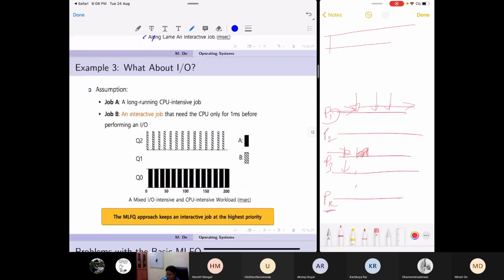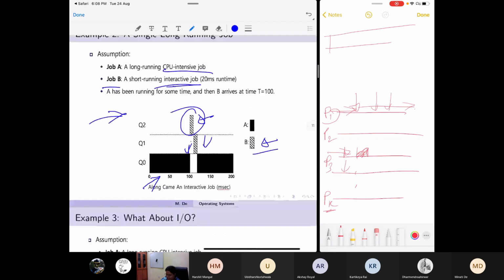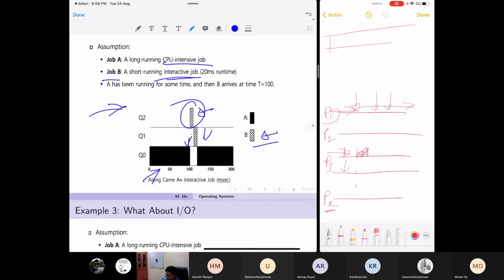And if you have IO, then the picture would look different. Here there was no IO. The job B was of length just this much, and you can see it actually behaved like shortest job first with preemption, so STCF.